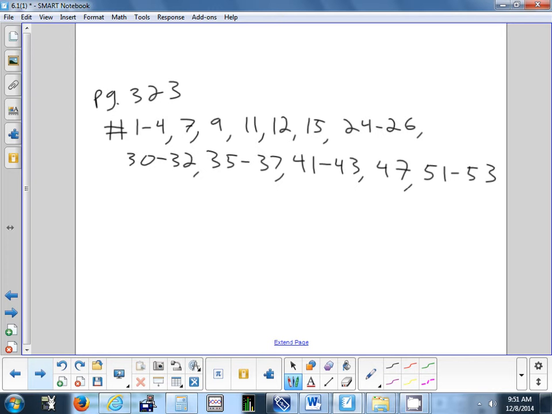It's 1 to 4, 7, 9, 11, 12, 15, 24 to 26, 30 to 32, 35 to 37, 41 to 43, 47, 51 through 53. Okay, so we'll take a look at that tomorrow, and we'll finish section 6.1 tomorrow.